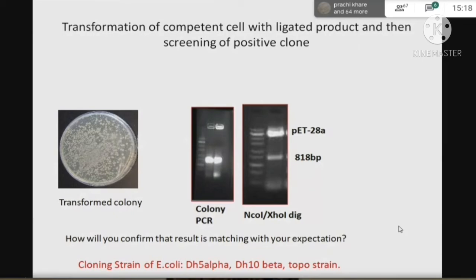In cloning, we need faster replication of our plasmid. So in wild type, it will not replicate faster. Yeah, I think so. Rishika Bukharia is saying competency is more in genetically modified E. coli.